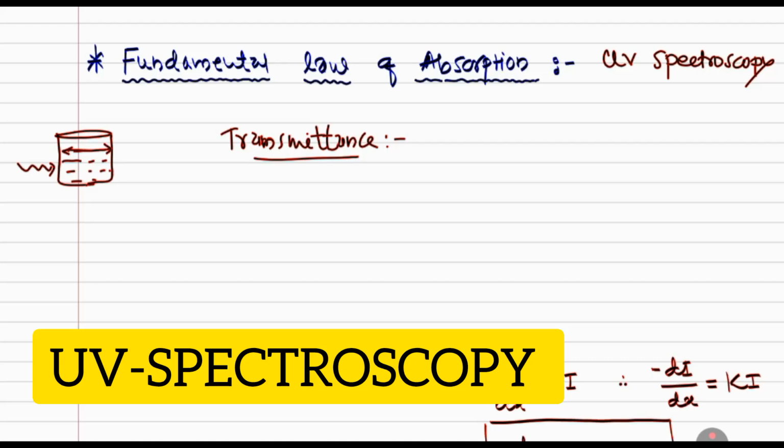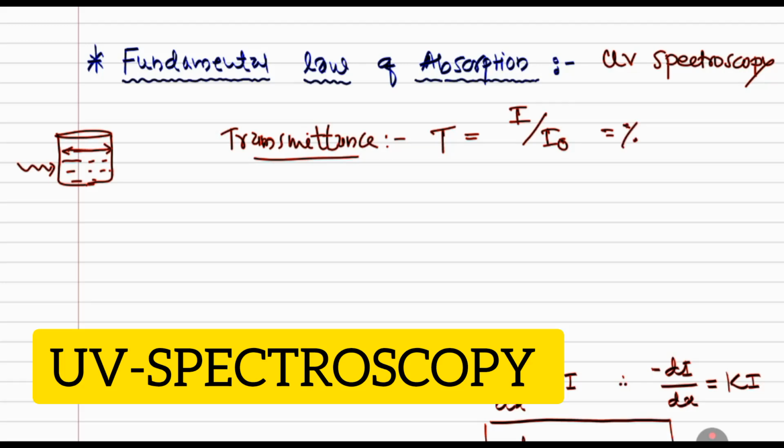So the transmittance is basically the ratio of the intensity of transmitted radiation to the intensity of incident radiation. That means I by I0, and generally it is expressed in percentage.